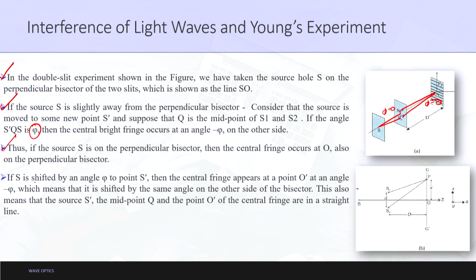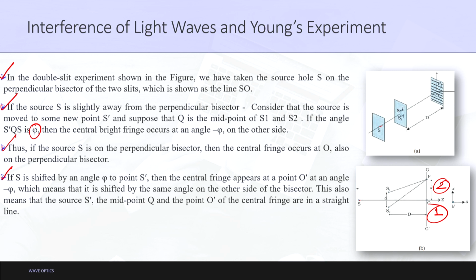And finally, if S is shifted by an angle phi to point S dash, then the central fringe appears at a point O dash at an angle minus phi, which means, please look over this line very carefully, that it is shifted by the same angle on the other side of the bisector. So what does it explain by the other side of the bisector? Let us say this is S1 and this is S2.